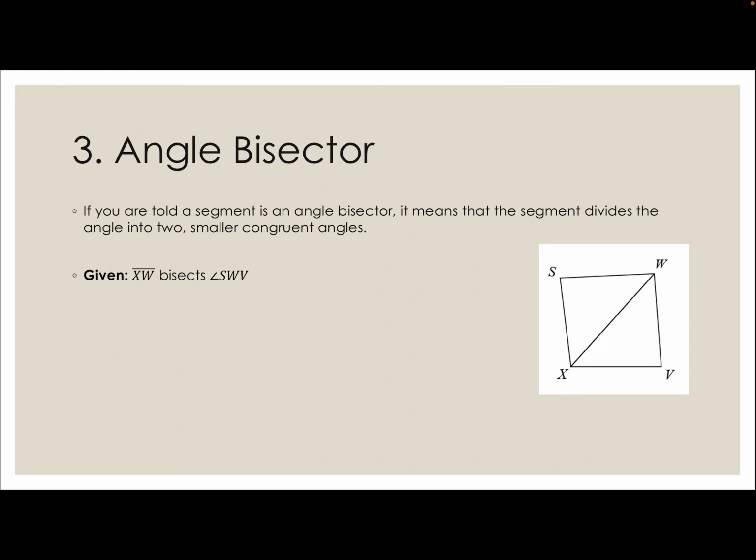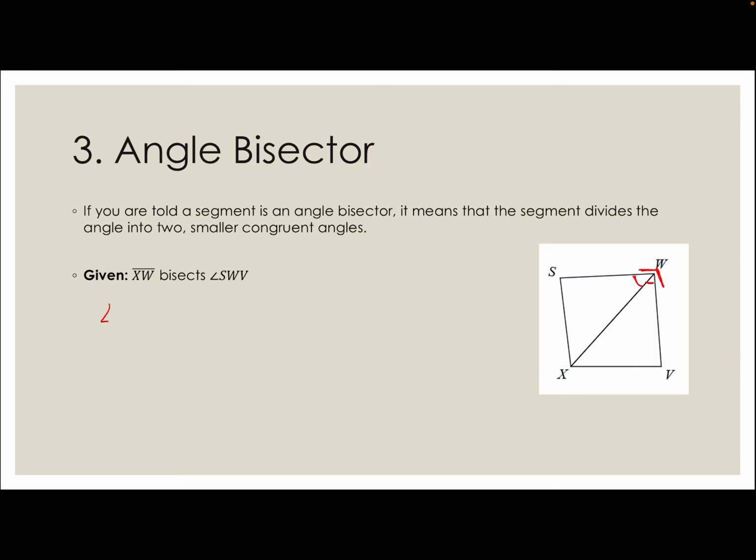Next, we could have an angle bisector. If you're told that a segment is an angle bisector, it means it takes that larger angle and divides it into two smaller congruent angles. Here we're told that XW bisects angle SWV. So angle SWV is this big angle here. So now knowing that XW bisects angle SWV means that this angle is congruent to that angle.